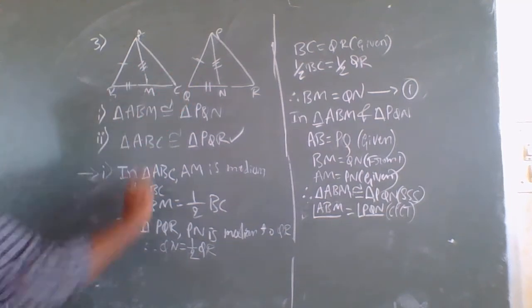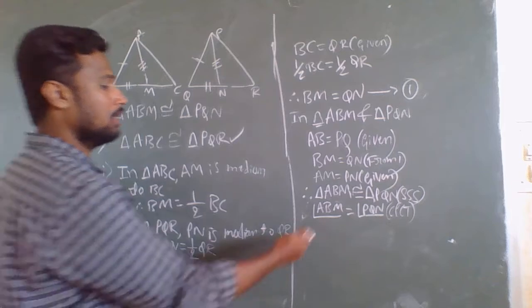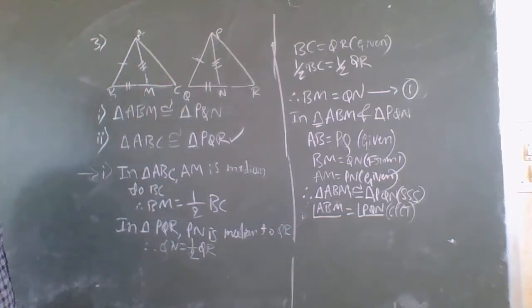These two are corresponding parts of congruent triangles. Therefore, angle ABM is equal to angle PQN.